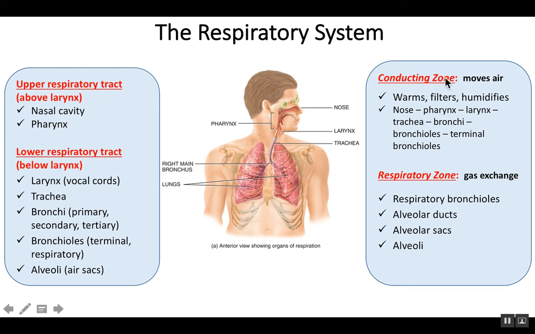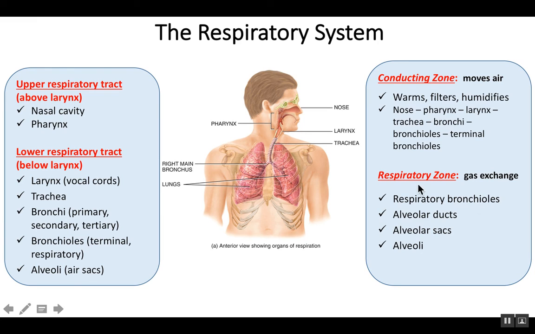So these airways do not provide any gas exchange, but instead get that air ready. We have to have it warmed up, we have to have it cleaned, filtered, we have to have it humidified. There has to be moisture to promote proper gas exchange.